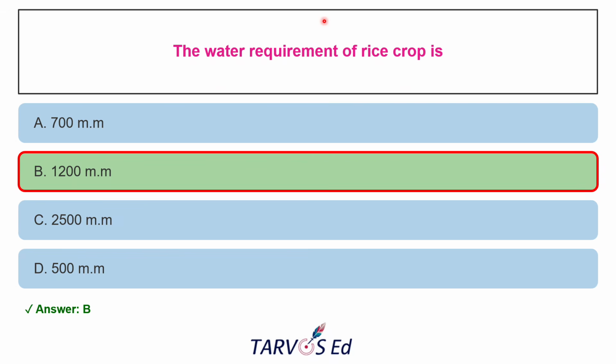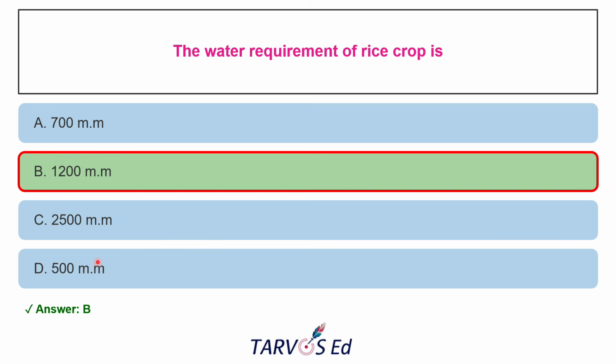Okay, and 700 mm, which is too low, is the water requirement for crops like wheat or maize. Okay, so rice would fail in this. And 2500 mm is too high, and only in very sandy soil with high percolation is it suitable, but it is not a correct answer for this.